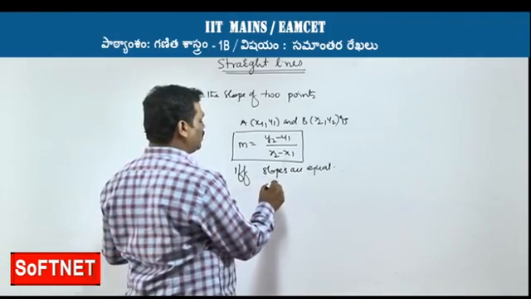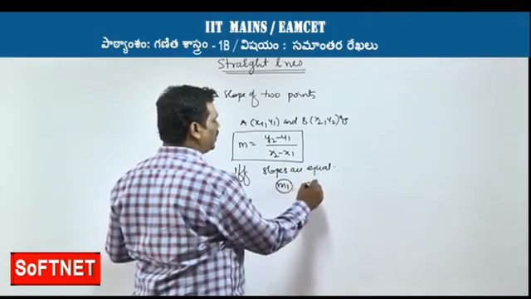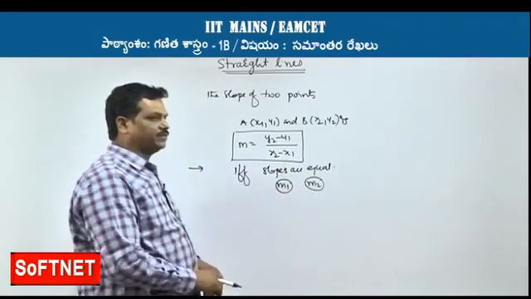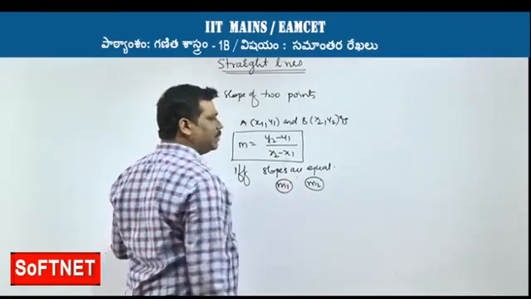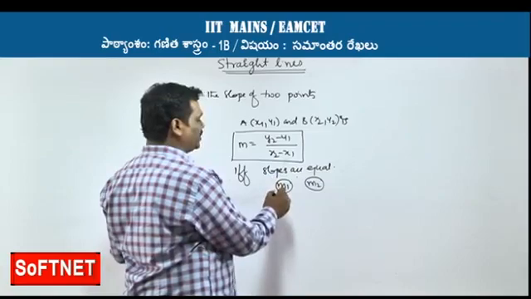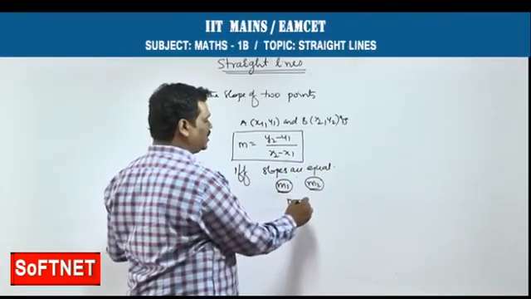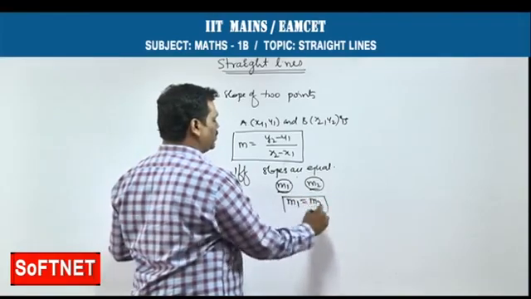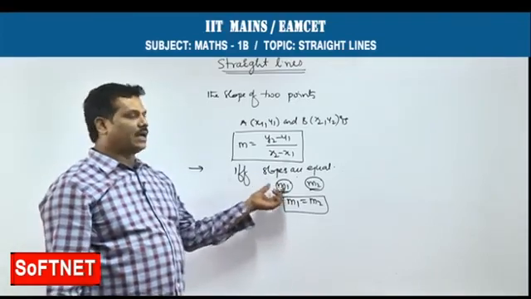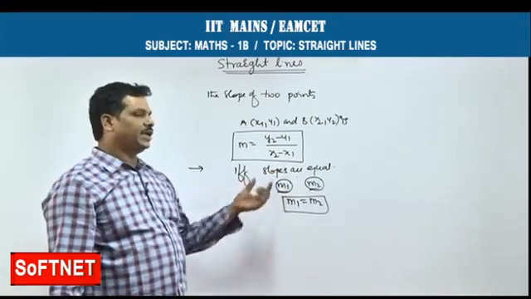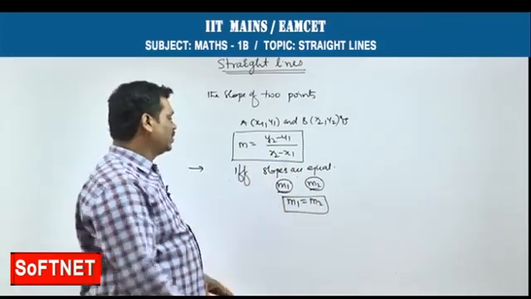For example, let m1 be the slope of the first line and m2 be the slope of the second line. Two non-vertical lines are parallel if and only if their slopes are equal, that is, m1 equals m2.